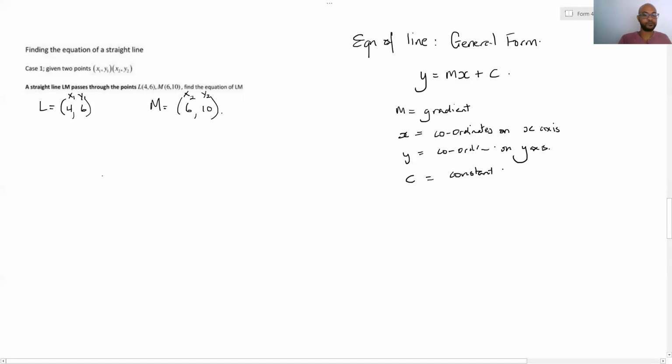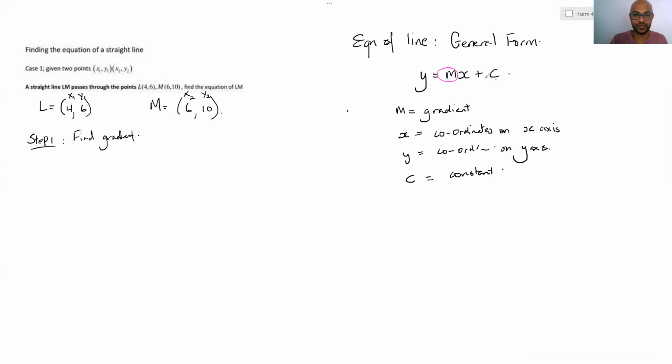So the steps when we are given 2 points in order to find the equation of the line: the first step is we have to find the gradient. We must find the gradient before we get to find the equation of the line, because most importantly, we need to know what the gradient is before we could even find out what c is.